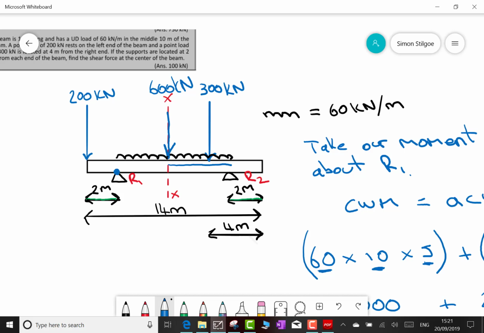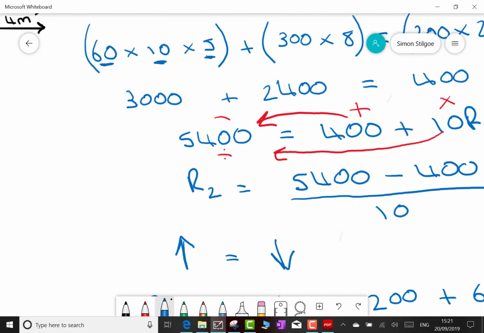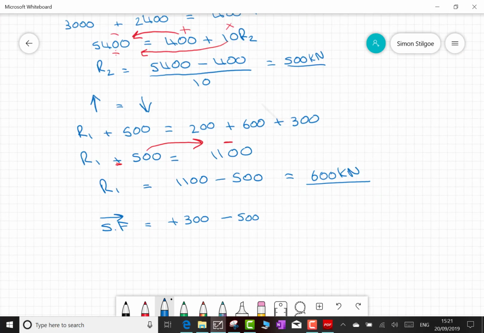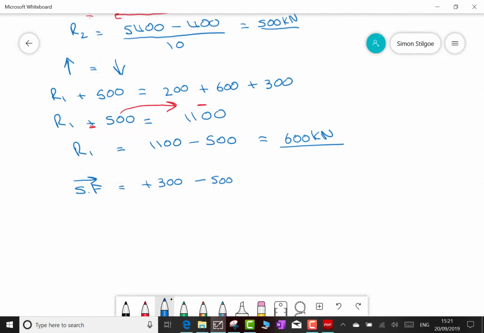So let's take a look at that back in our solution. Okay, so we're going to add it because it's acting downwards. We have 60 kilonewtons per meter, and to the right of XX, there is only 5 meters of that uniformly distributed section.